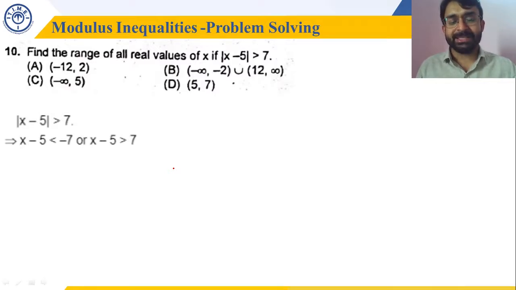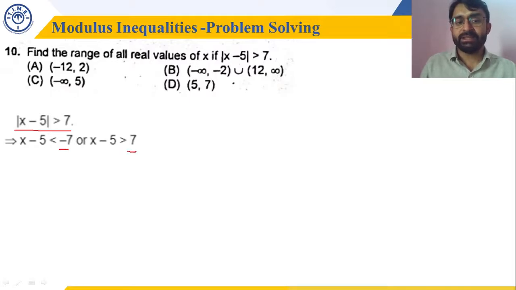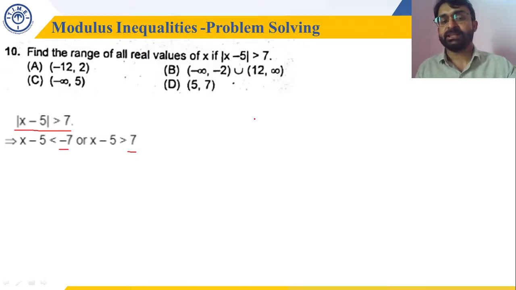Since mod of x minus 5 is greater than 7, either x minus 5 has to be less than minus 7 or x minus 5 greater than 7. When mod x is greater than a, the value will lie outside the interval, that is, less than the lower value and greater than the higher value. So x minus 5 is less than minus 7 and x minus 5 is greater than 7.